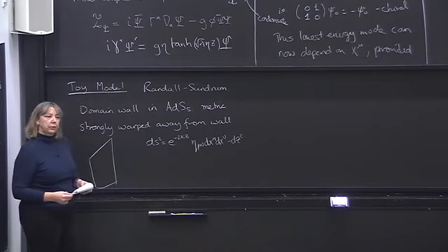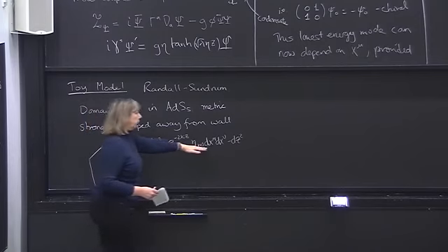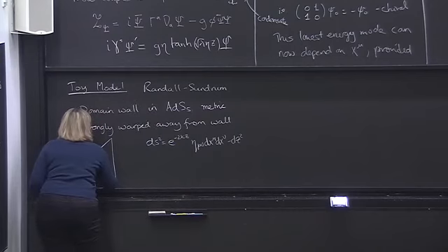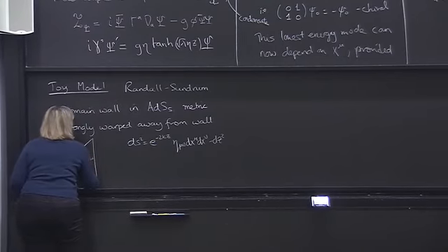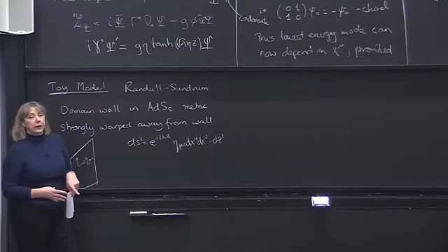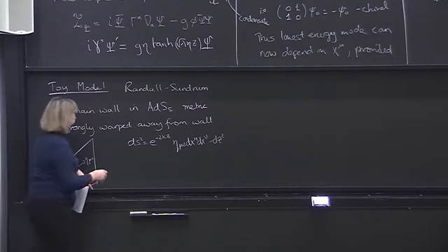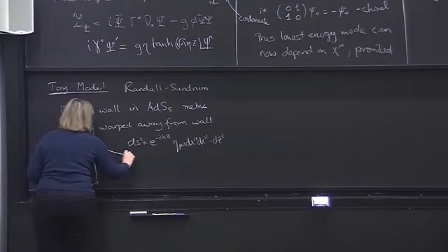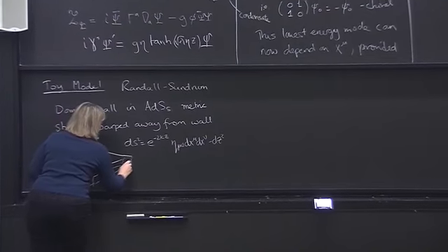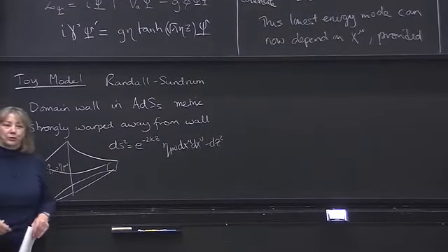If you see the way I've written it, this is four-dimensional flat space. So here is our wall, and eta mu nu. And so the only dependence of this metric is the fifth dimension. So we've got this notion of our wall being squashed as we move out.